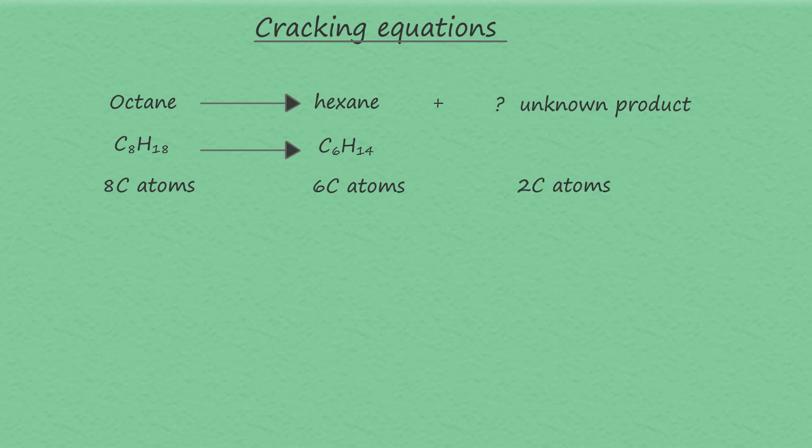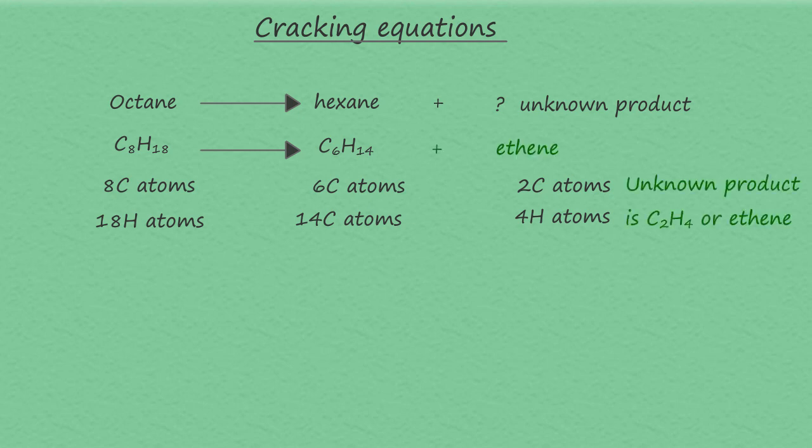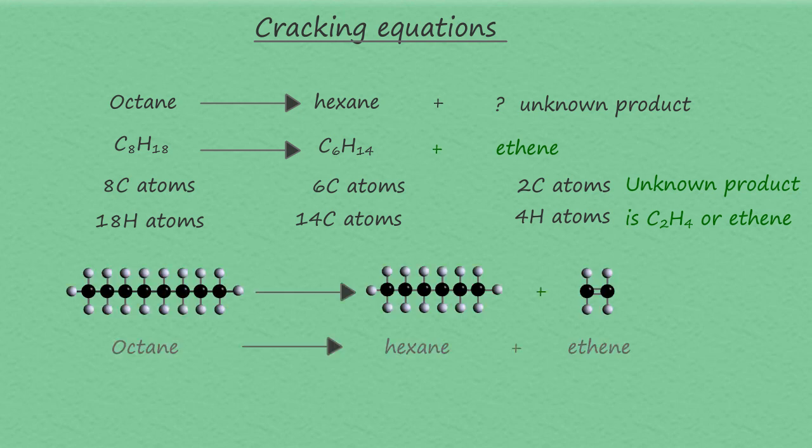On the reactant side there are 18 hydrogen atoms, whereas in the hexane produced on the product side there are only 14 hydrogen atoms. This means that there are 4 hydrogen atoms left over. This means that the other product formed has got 2 carbon atoms and 4 hydrogen atoms. That is, it is the unsaturated alkene ethene.